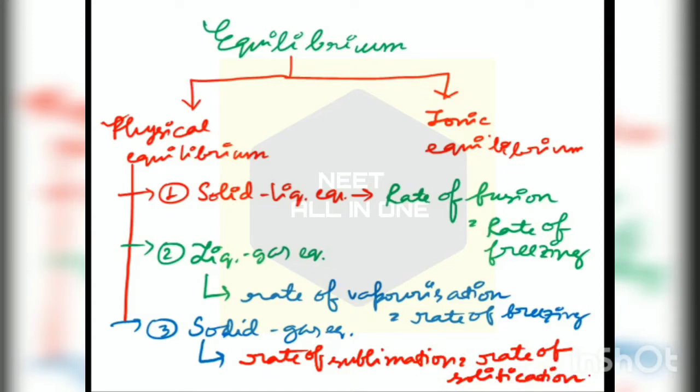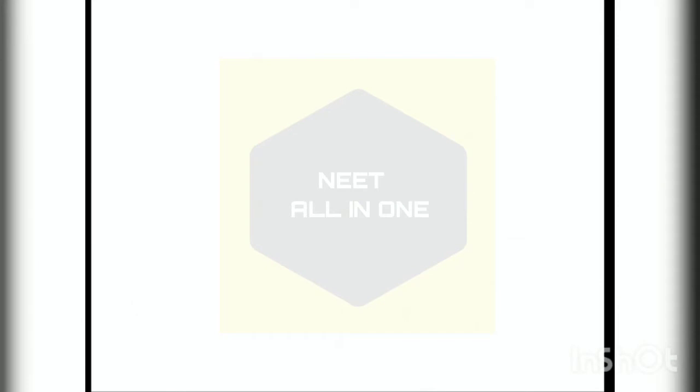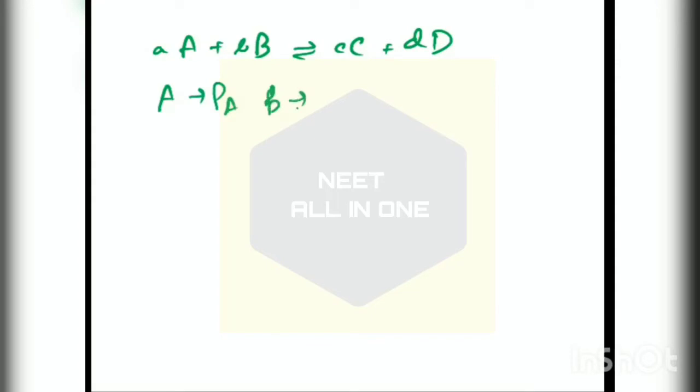Now let us suppose that pressure of A is PA, pressure of B is PB, pressure of C is PC, pressure of D is PD.